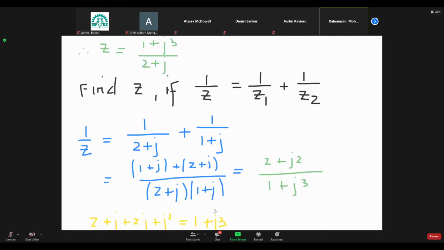All right, that is because if A over B equals 2 over 3, then B over A is 3 over 2. Okay, you just invert both sides. You find the reciprocal of both sides. So 1 over Z is equal to this, so you flip this side and you flip this side as well. Okay.